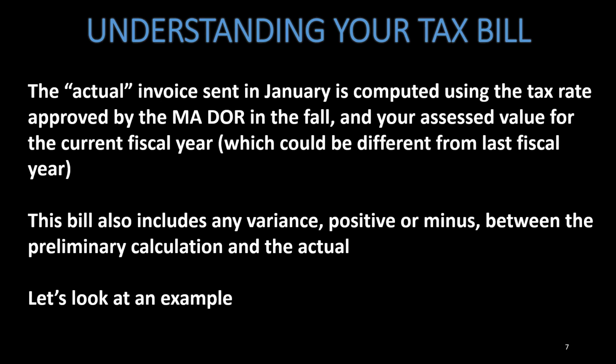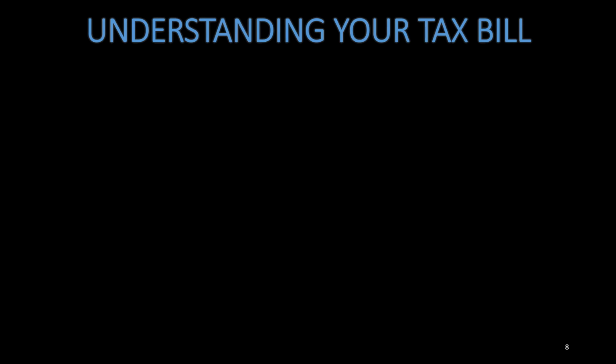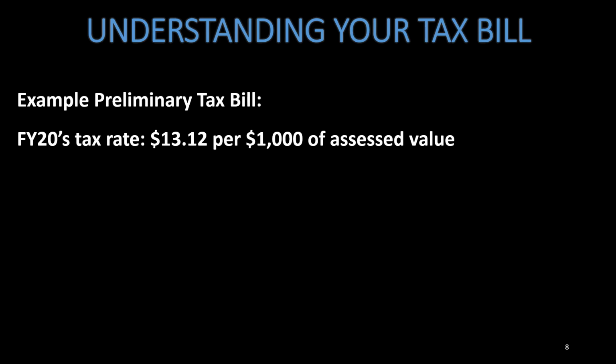Let's look at an example of a preliminary and an actual tax bill calculation. For purposes of this example, we are going to use values from calculations in fiscal 21. For the preliminary tax bill for fiscal 21, as indicated in the prior slides, we utilize the tax rate and the assessed values from fiscal 20, because in July they have not yet been determined for this fiscal year yet.